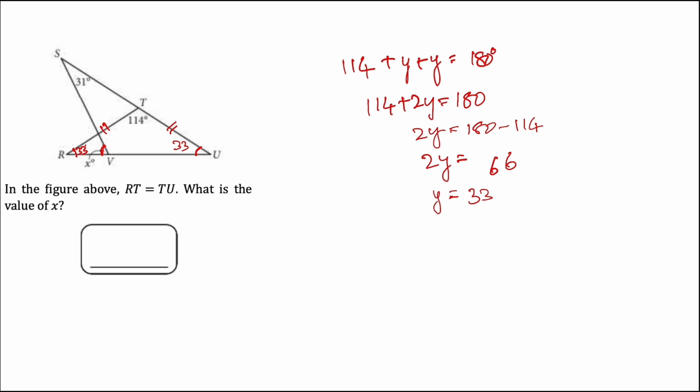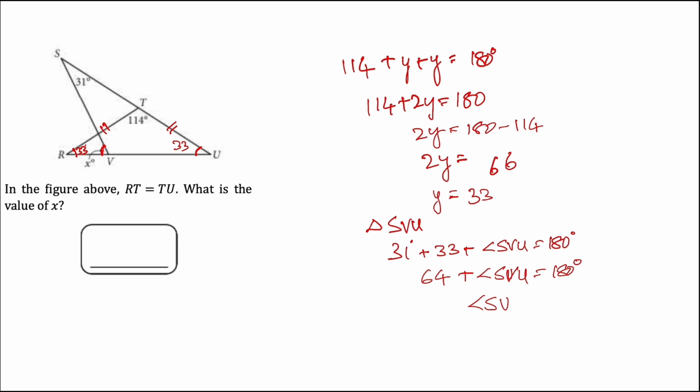Now consider triangle SVU. In triangle SVU, we know the two angles. One angle is 31 degrees and the other angle is 33 degrees and another is angle SVU. So the sum of these three angles is 180 degrees. This is 64 plus angle SVU is equal to 180 degrees.